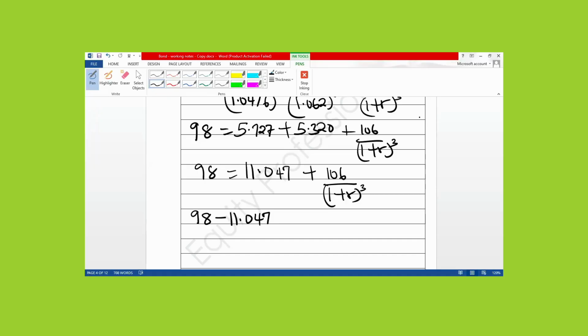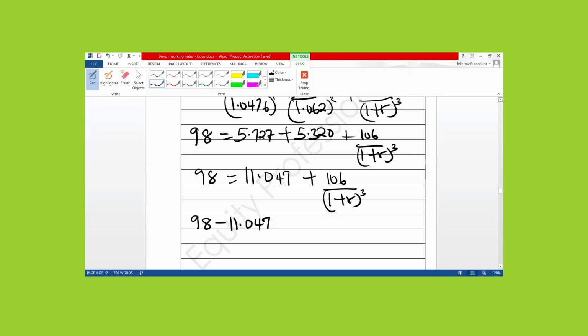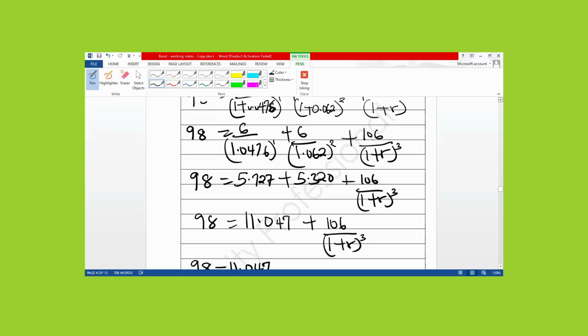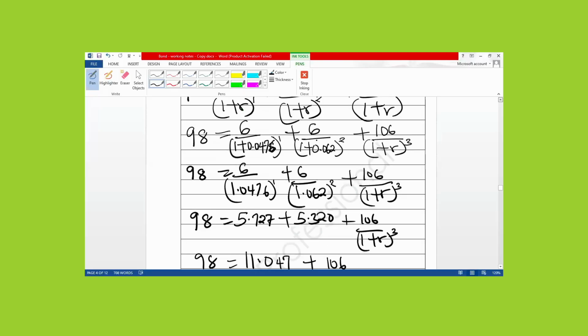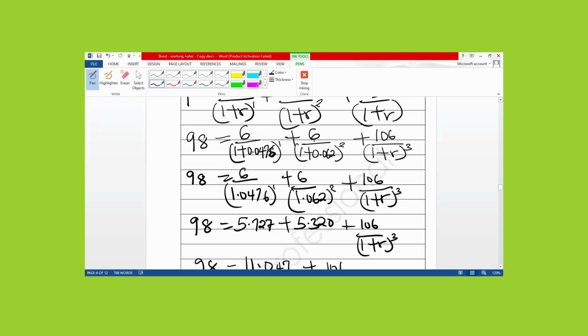I was thinking the cash flow for these various years will be different, but I'm seeing 6 over the various denominators. I need an explanation, please. You are surprised to see 6 here. Yes.